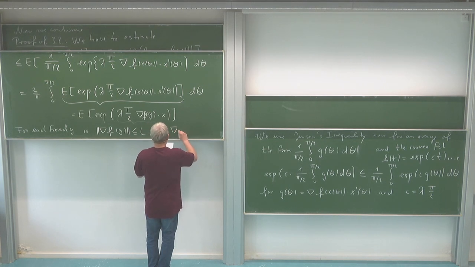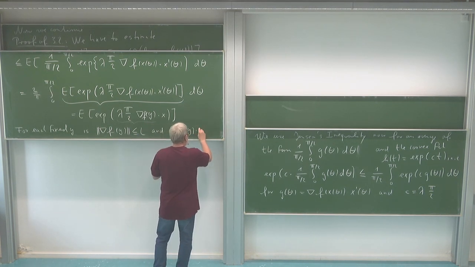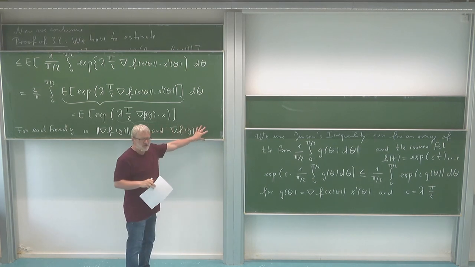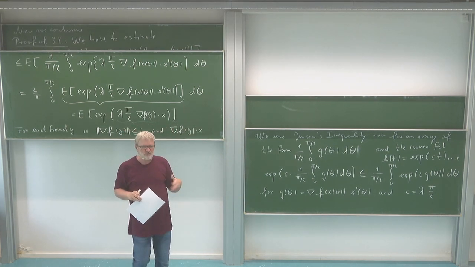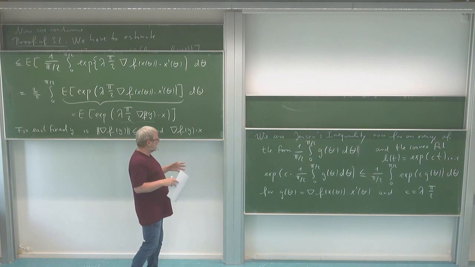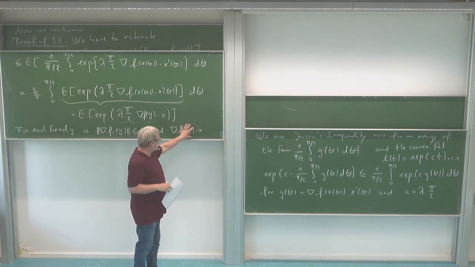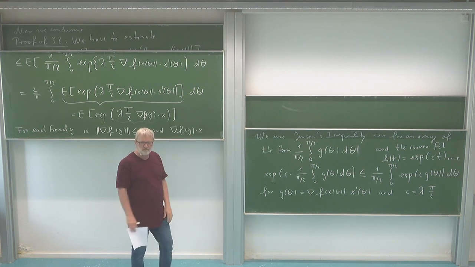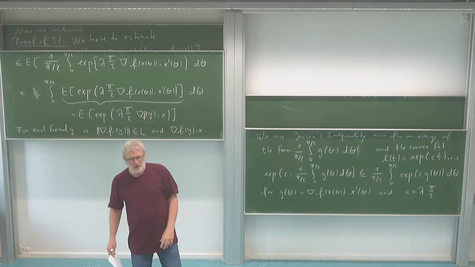And so the gradient of f at y times x is a linear combination of independent Gaussians, so this is a Gaussian again, and the variance of this is at most the length of this vector. That's just a simple property of Gaussians.